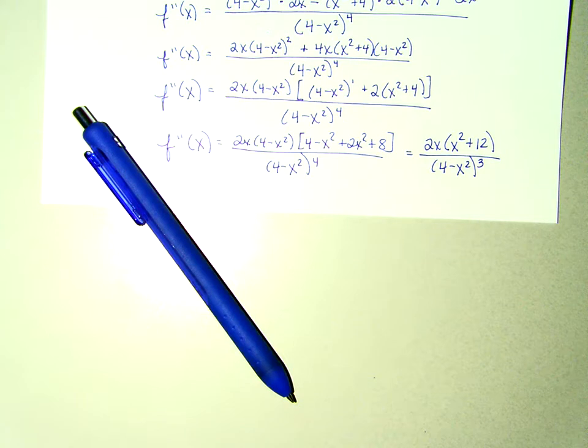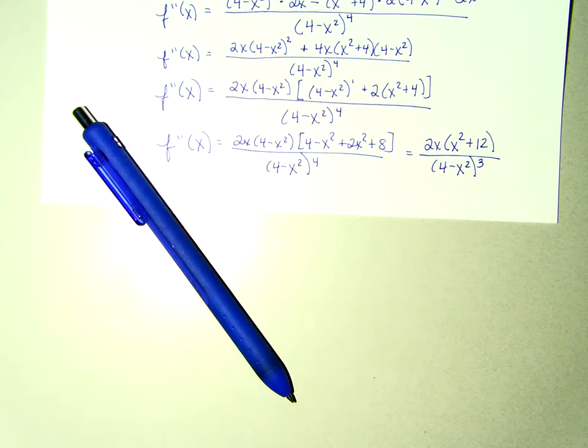It should become kind of nice. All I really did was distribute the 2. Combine like terms, I'm getting x squared plus 12 inside.